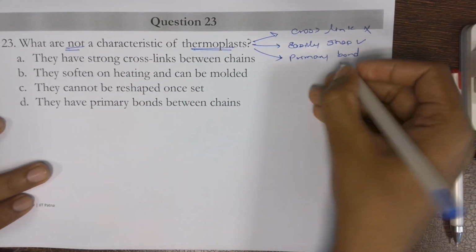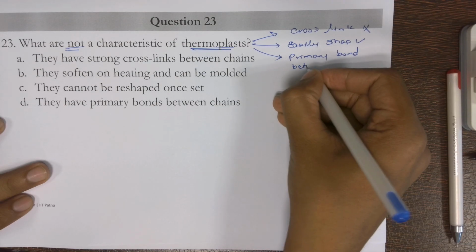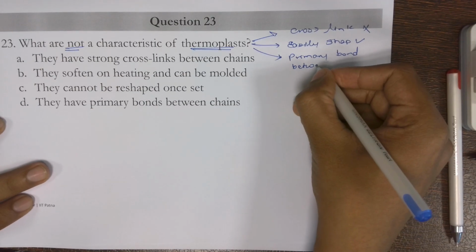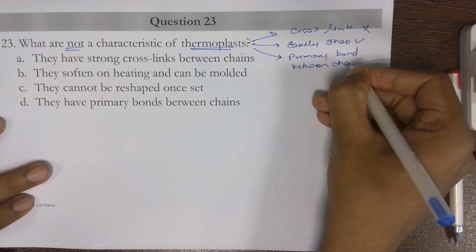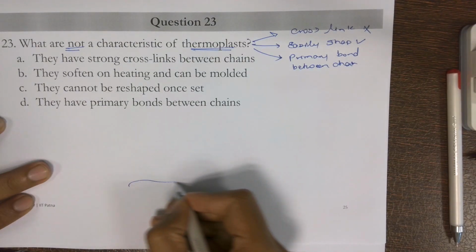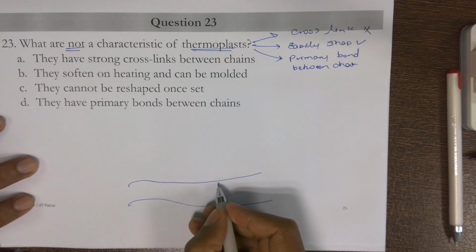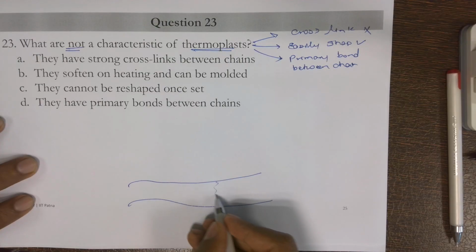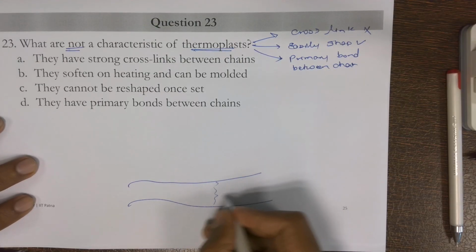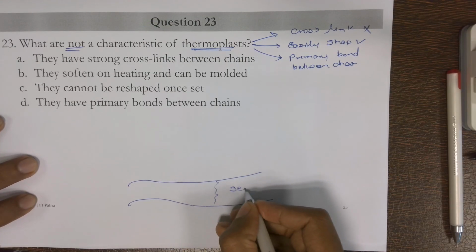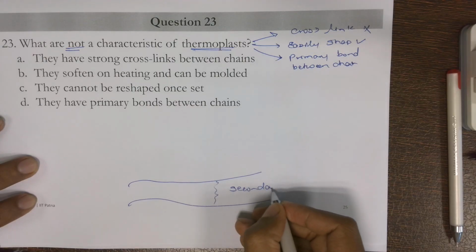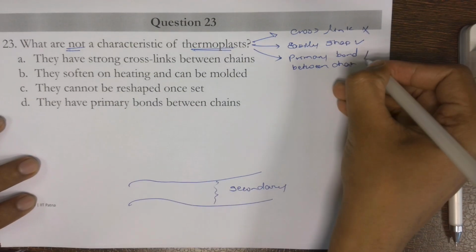It is not present between the chains. If I'm taking a chain of this particular polymer and another chain, the link between them will not be strong. So primary bonds are not there.